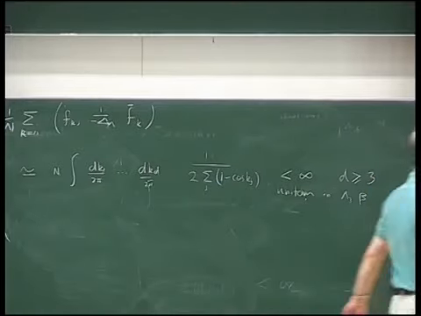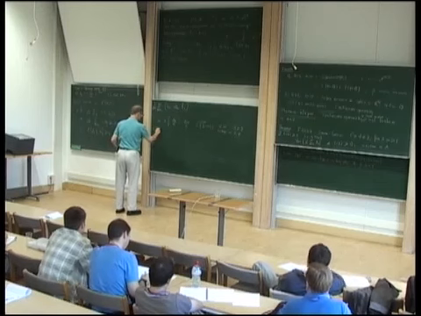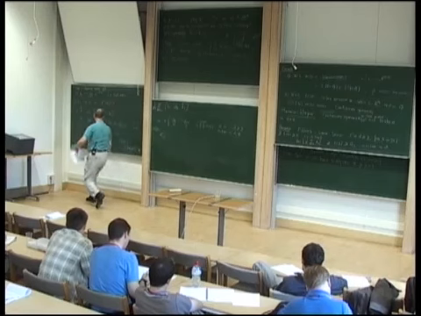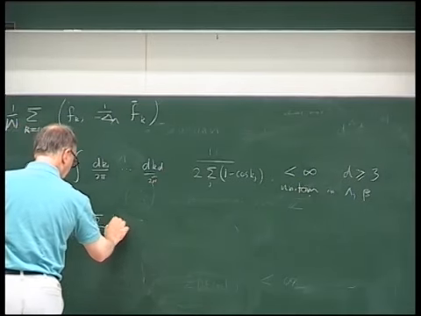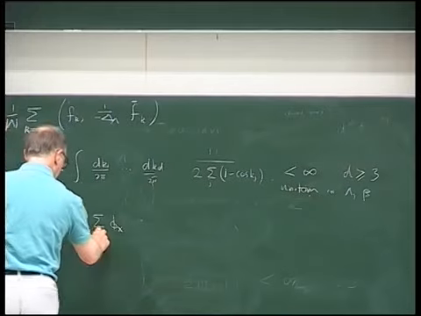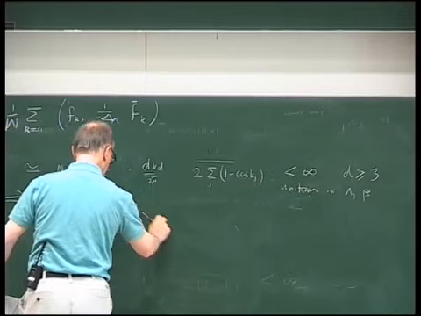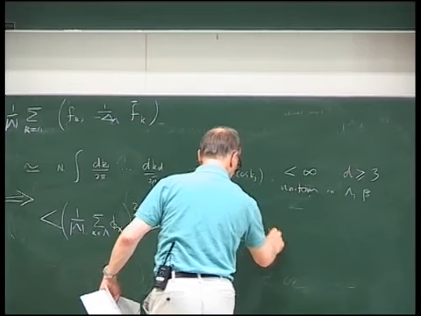It's basically going to show that this expectation, 1 upon lambda, sum of phi x squared for x in lambda, is greater than something which is order of beta.